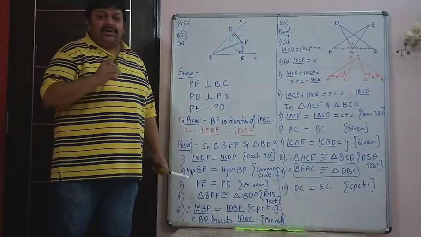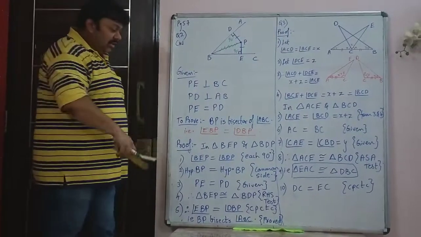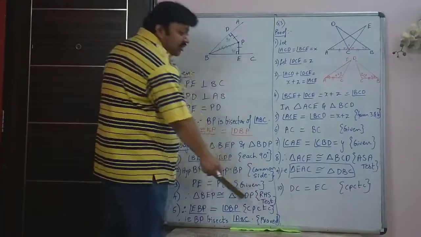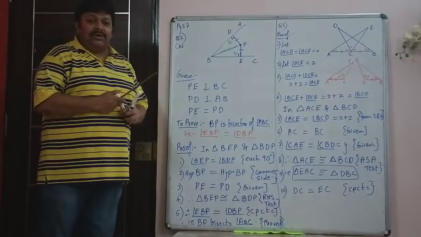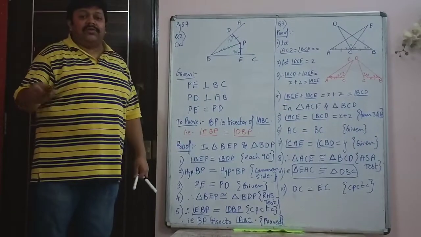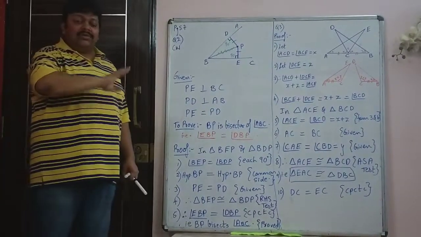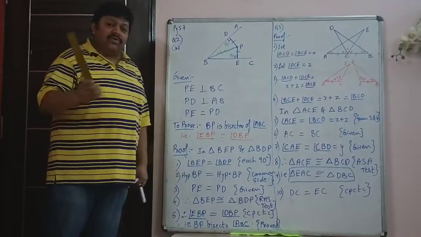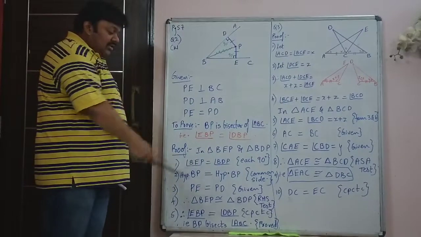CPCTC means corresponding parts of congruent triangles are equal. This is a standard short form that is used. Most schools and teachers allow that. If your school teacher doesn't allow it, then write the full thing, corresponding parts of congruent triangles are equal. It is allowed in the board exam. All these short forms are used in textbooks also, so that is what we have written in the steps.